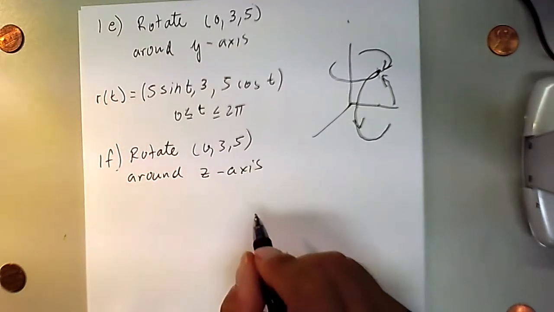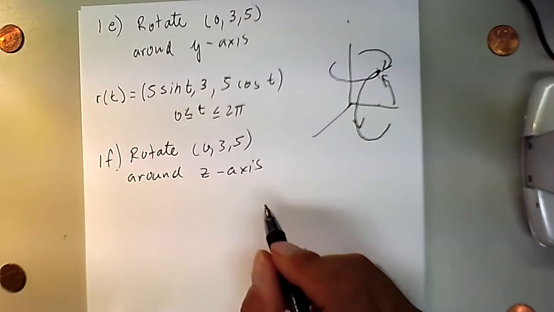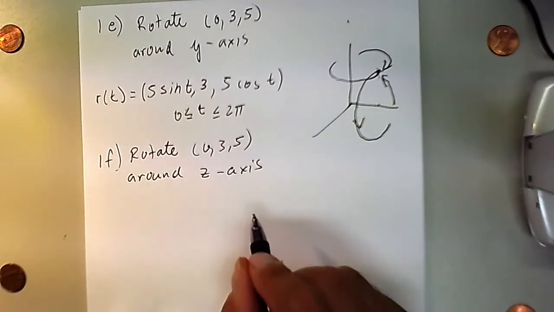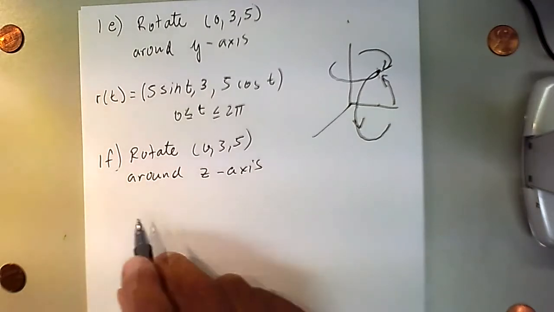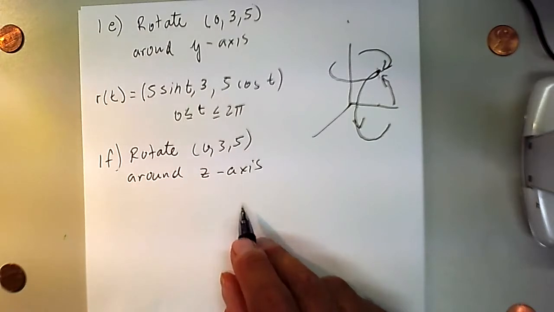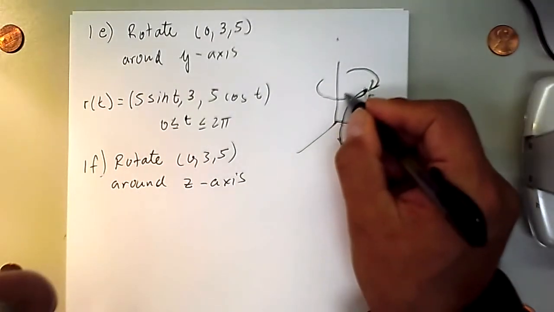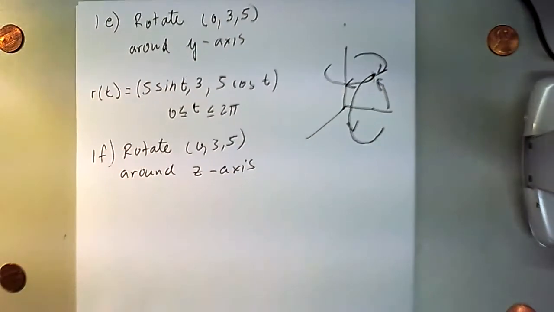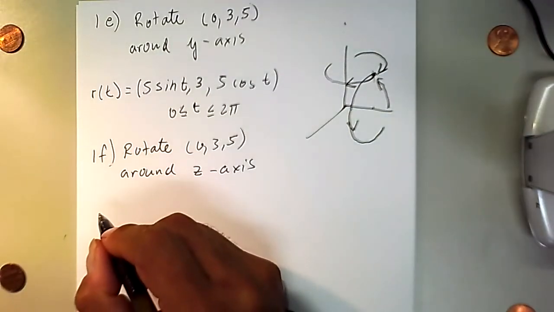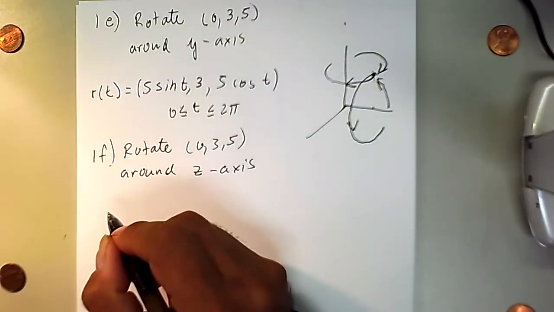Okay, at this point, I suggest you pause the video and see if you can come up with it on your own before I do it. So I'm going to assume you paused, or you can pause right now.